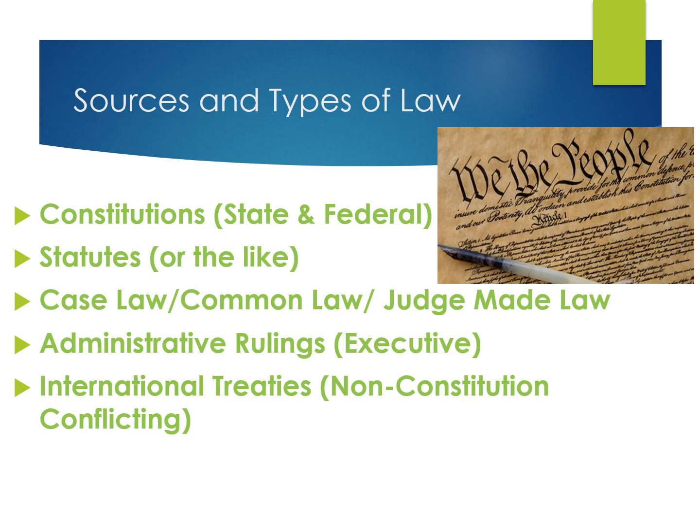Then there are statutes, which are our codes, on the federal and state level. Then we have what's known as case law, common law, or judge-made law, which is law made by the judiciary. Then we have administrative rulings, which come from the executive branch. When they make rulings, they become enforceable.